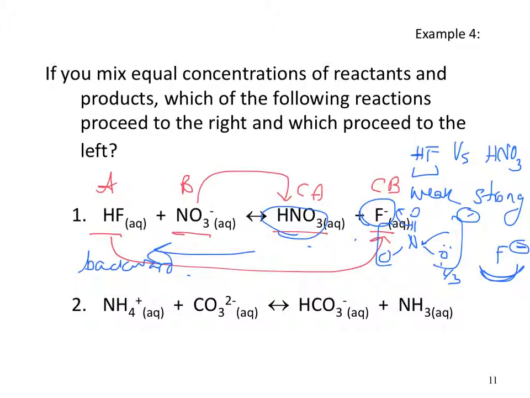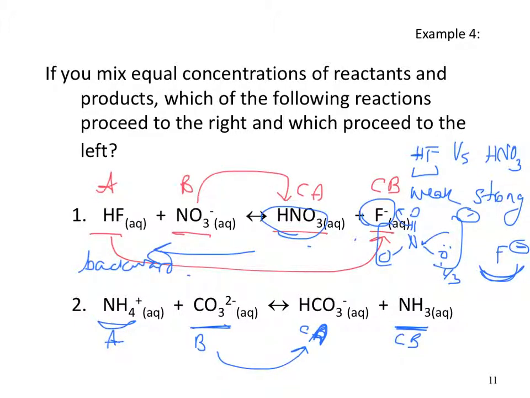Let's take a look at the second one. We have ammonium reacting with carbonate to give you bicarbonate and ammonia. So you have to consider carbonate against ammonia, and consider ammonium, which is your acid, and conjugate base, and that's your conjugate acid. So you have to look at the acidity.